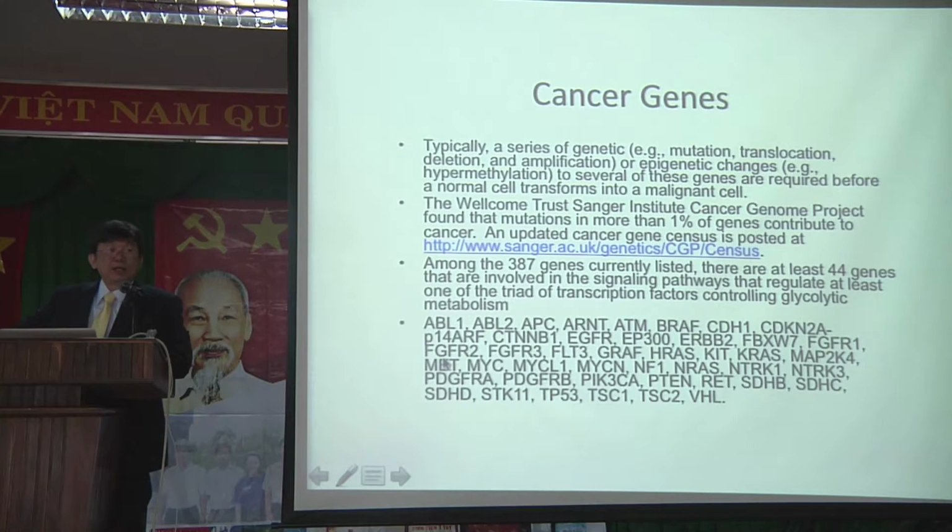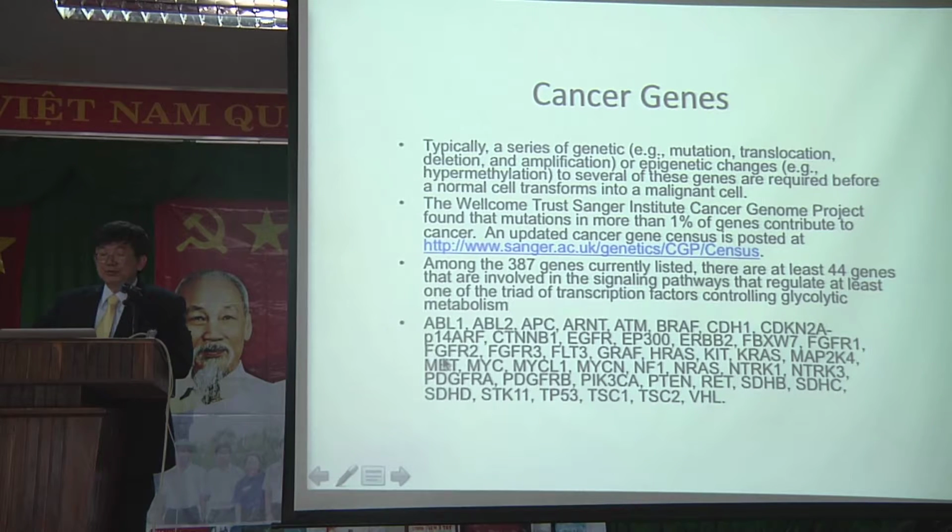So, as I pointed out earlier, the carcinogenesis process involves a series of genetic changes. Right? And these genetic changes are not random. Typically, there is a series of genetic mutations, translocations, deletions, or amplifications, or epigenetic changes, for example through hypermethylation of promoter regions, changing the expression of genes.